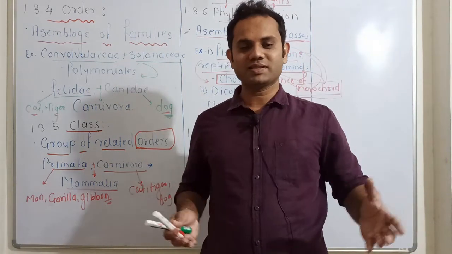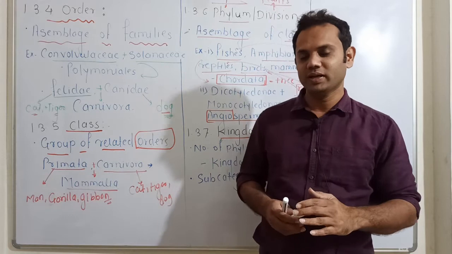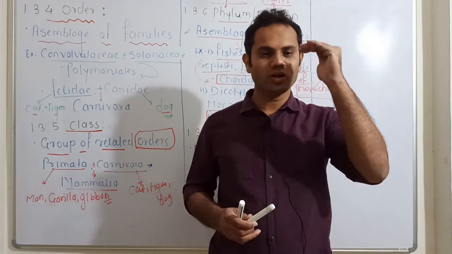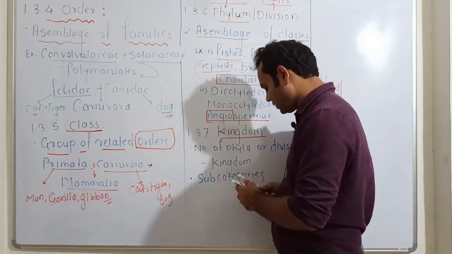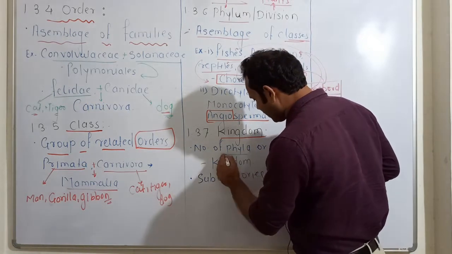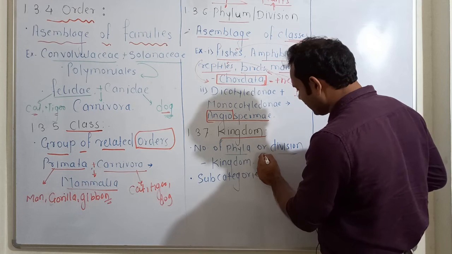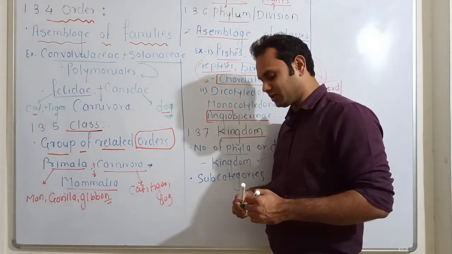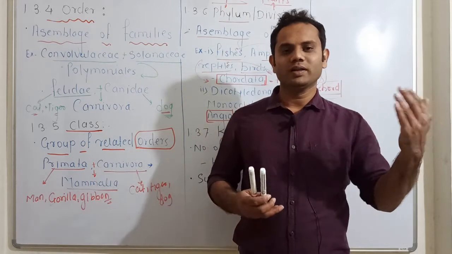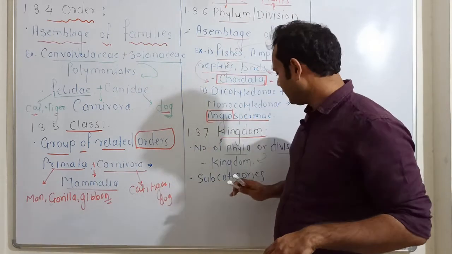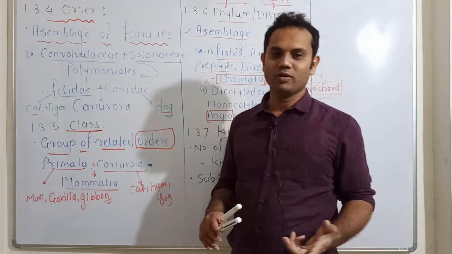Finally, the kingdom is what? It is the largest or highest taxonomic category, and species is your lowest taxonomic category. What is kingdom? Kingdom is nothing but a number of phyla or divisions grouped into one kingdom. For example, a number of different animals belonging to different phyla are grouped in the kingdom Animalia.